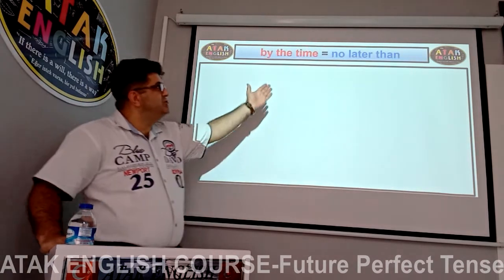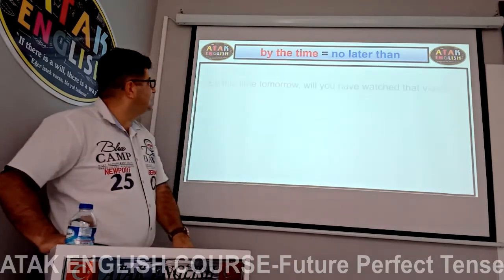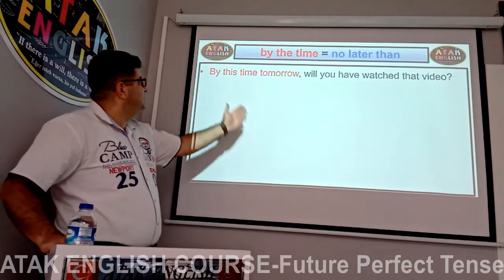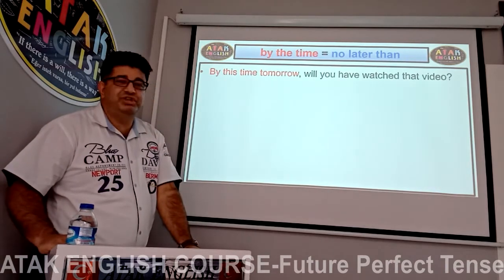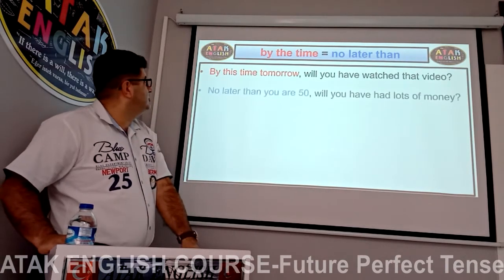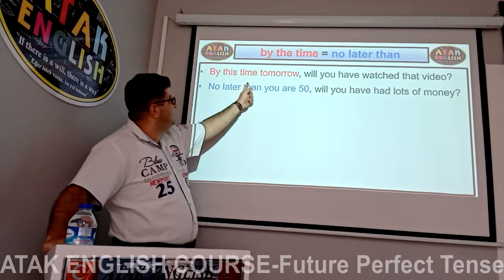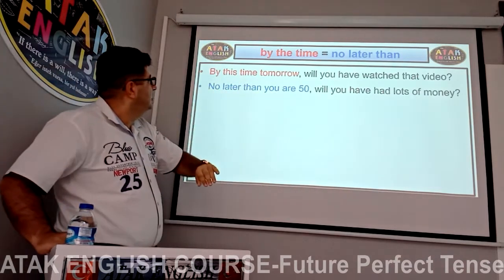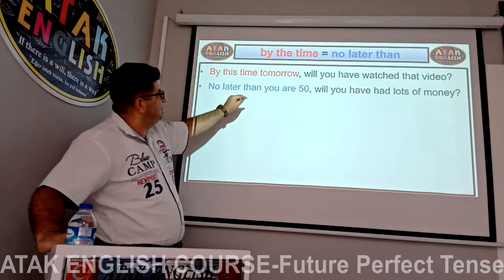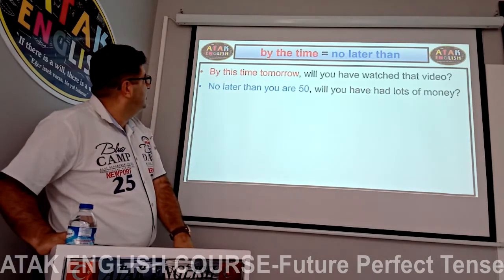By the time means no later than that. You can say by this time tomorrow, will you have watched that video? Instead of by this time tomorrow, you can also say no later than. Sorry for that, these are two different examples.